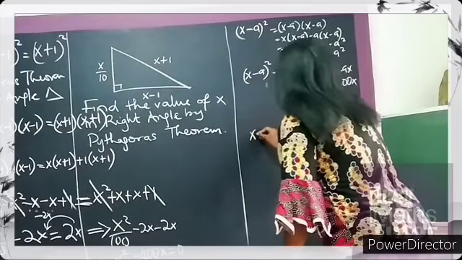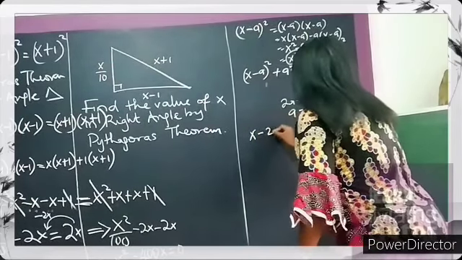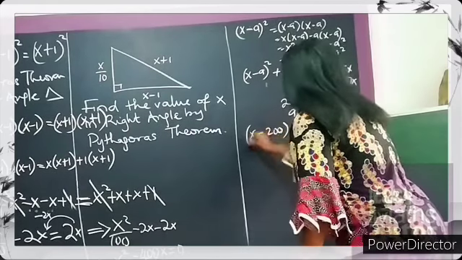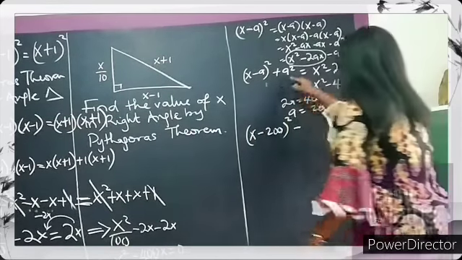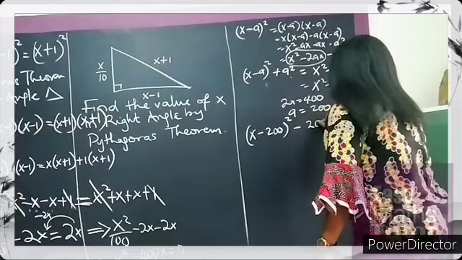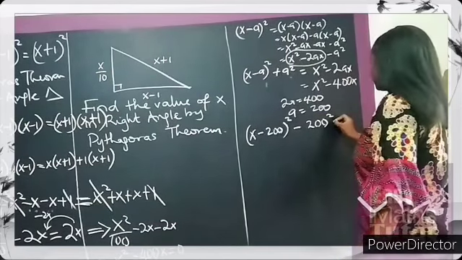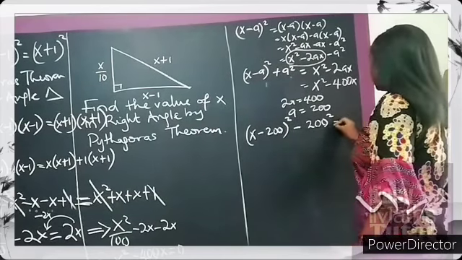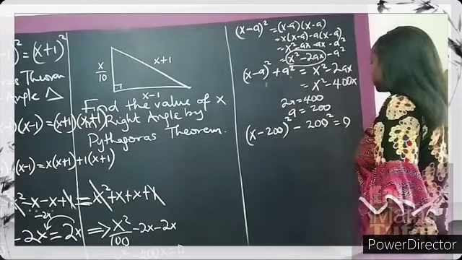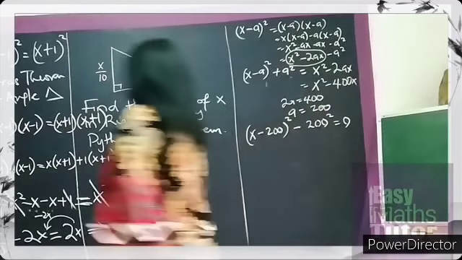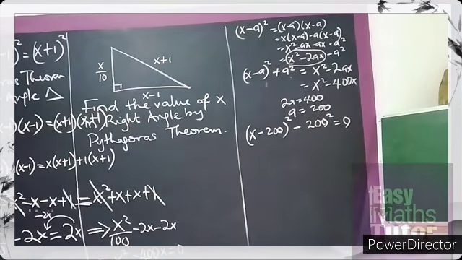So we'll have x minus 200 squared minus 200 squared, equal to 0. Right?